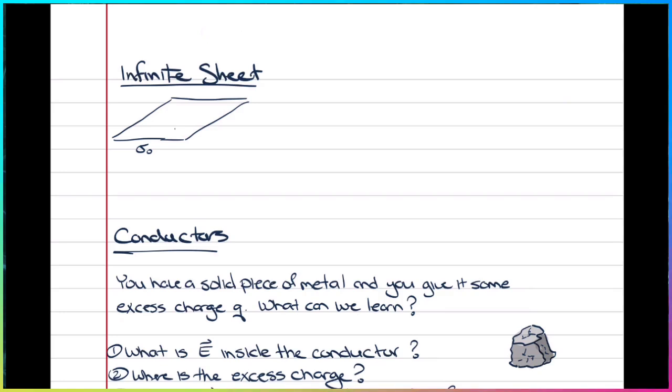And we ultimately got that the electric field was a constant and it was equal to sigma naught divided by 2 epsilon naught, and pointed away from the sheet. Well, again, we could try to do a Gauss's law version. By symmetry, I know that the electric field, again, must point away from the sheet.